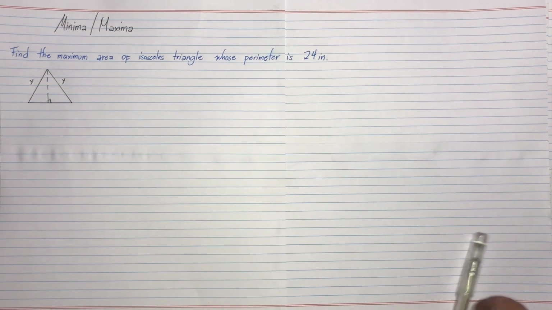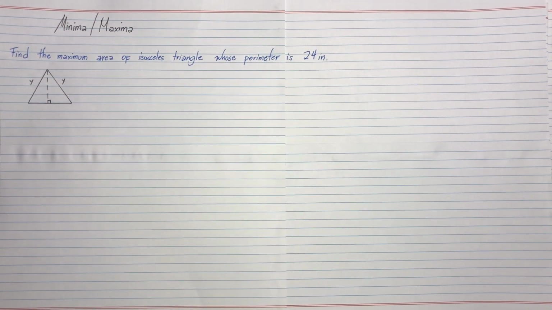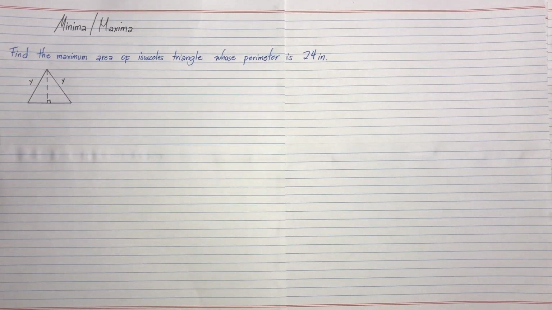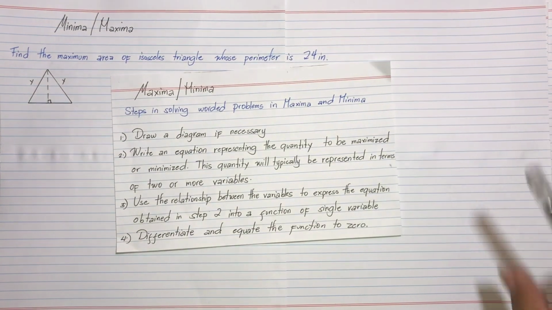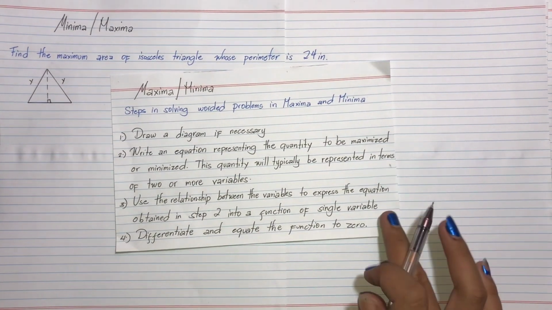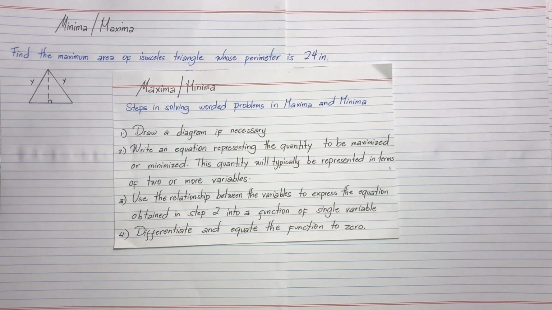Now, let's proceed to the application of derivative, which is minima and maxima. These are the steps in solving worded problems in maxima and minima. First, draw a diagram if necessary.